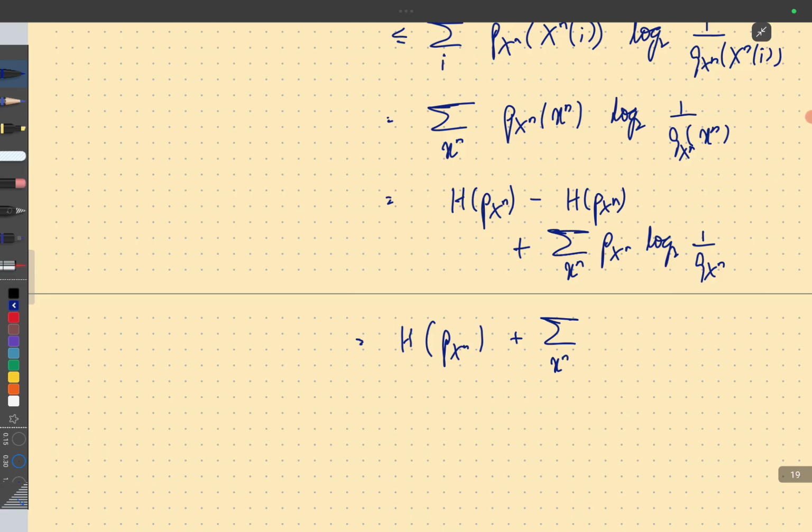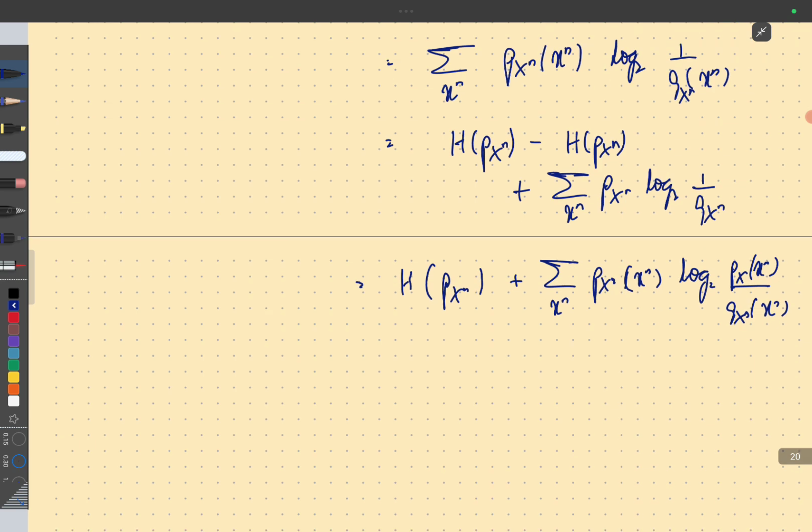What is the negative of the entropy corresponding to P? It's P(x) log P(x). So I have P(x) log P(x) plus P(x) log 1 over Q(x), which is nothing but P(x) log P(x) divided by Q(x).